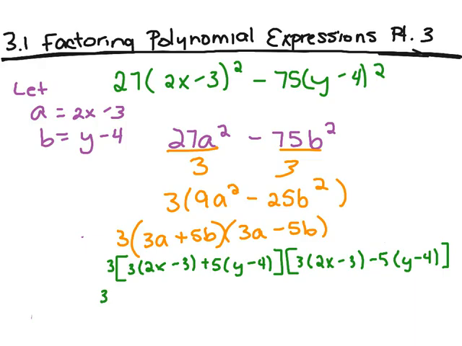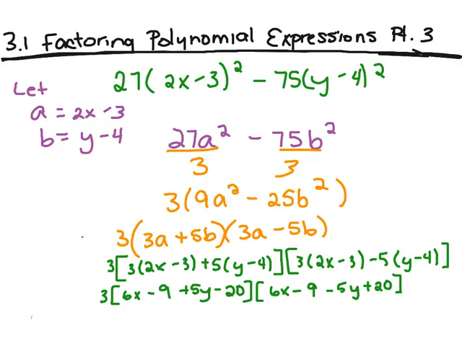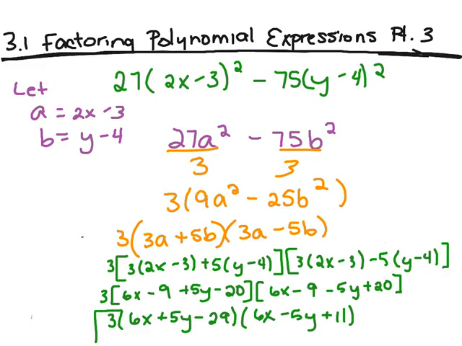We're going to simplify, so 3 bracket 6x minus 9 plus 5y minus 20 and 6x minus 9 minus 5y plus 20. So our final answer is 3 bracket 6x plus 5y minus 29 and 6x minus 5y plus 11. And this is our factored answer.